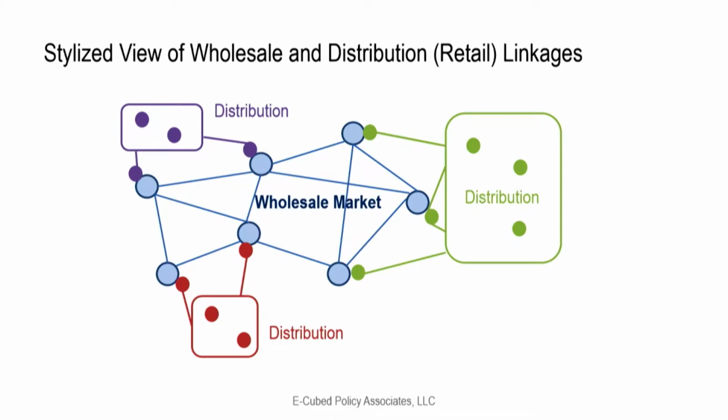And each of the dots represents a node or a bus. So where you see the smaller circles, those are distribution buses connected to the wholesale or bulk power transmission bus. That's sort of the interface between the wholesale market and retail jurisdiction. It's also the interface between the bulk power transmission system and the distribution system.